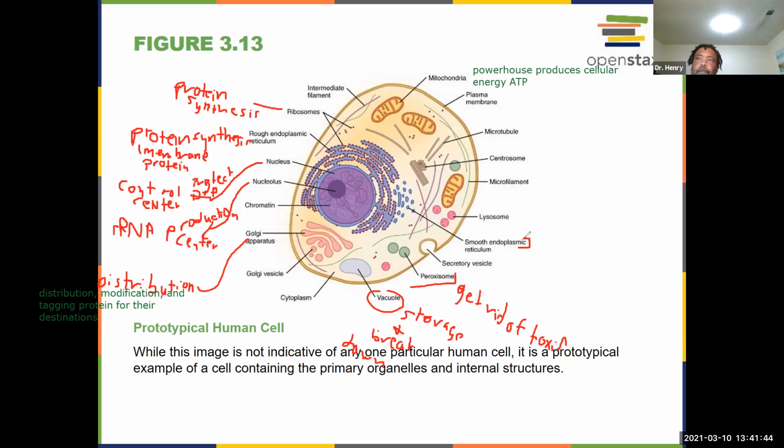So the smooth ER is smooth because there are no ribosomes on it. It's also for de novo biosynthesis. De novo means of new, so things that are going to be made brand new.